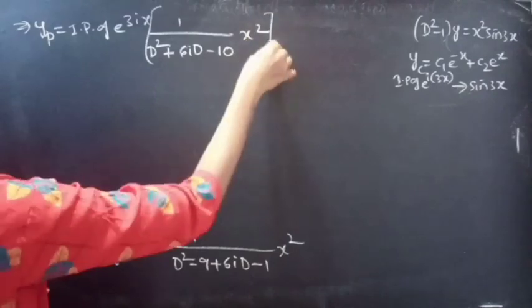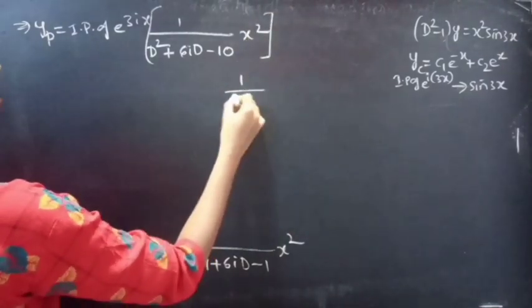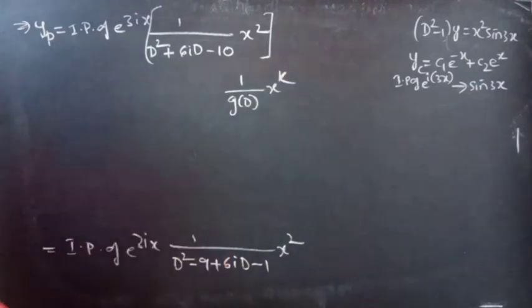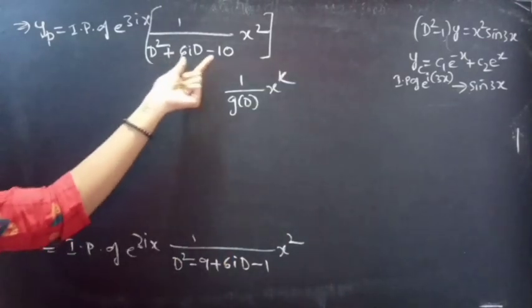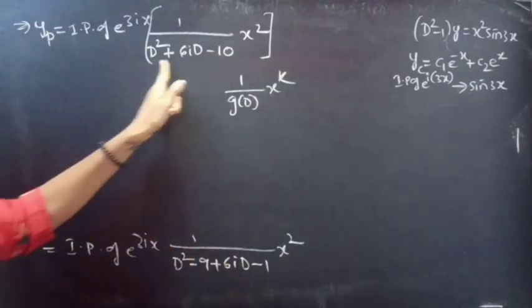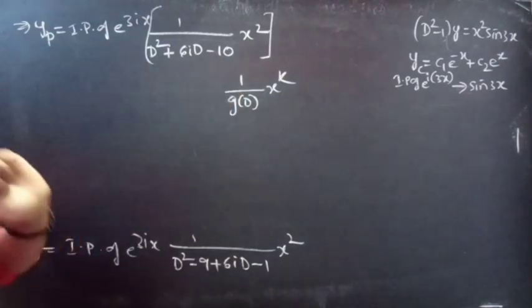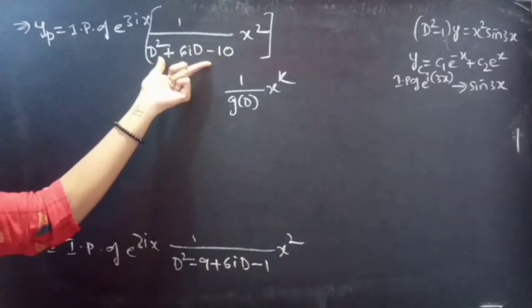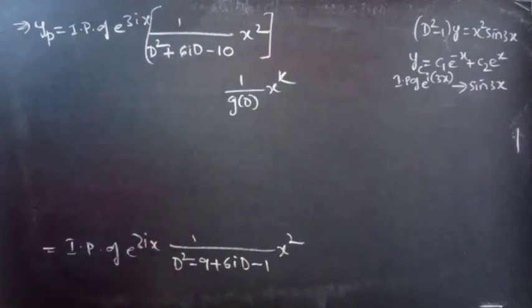And this is of the form 1 by some function of D into x^k, right? And in the denominator you have terms in descending order. So now let's take the lowest degree term common from all these three terms.